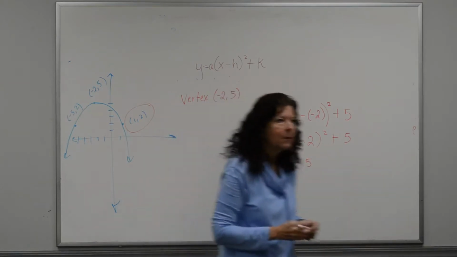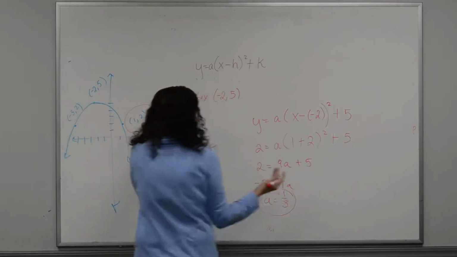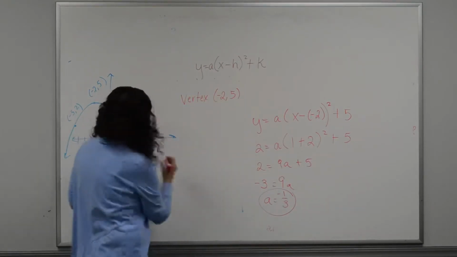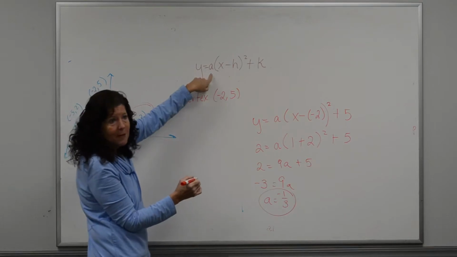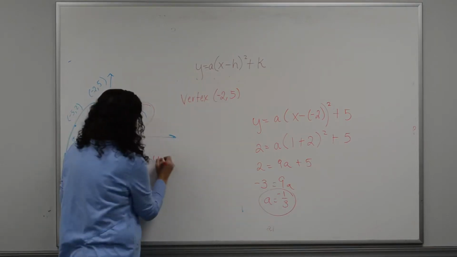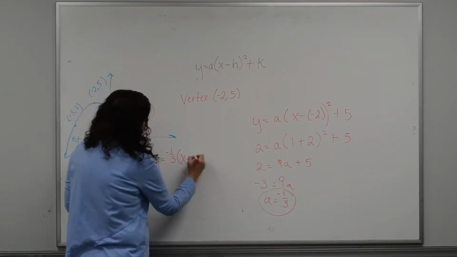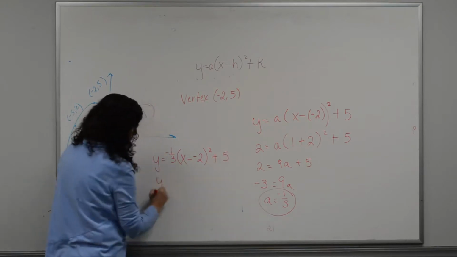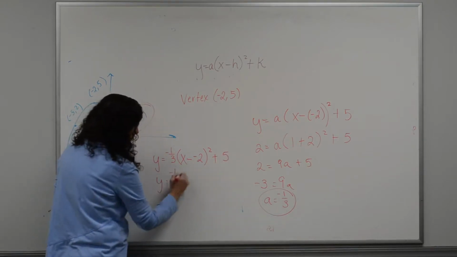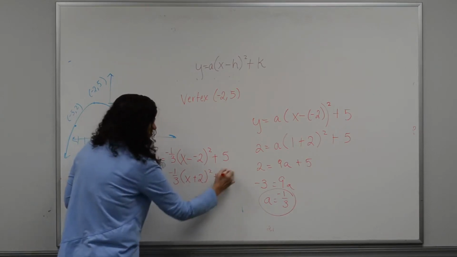A is going to equal -1/3. I think you'll remember that was our a, right? All right. Then all I have to do is plug it into the equation. And I'm putting it in this form. I'm not putting it in the ax squared plus bx plus c form. So I have y is equal to -1/3 times x minus -2 squared plus 5, or y is equal to -1/3 times x plus 2 squared plus 5.